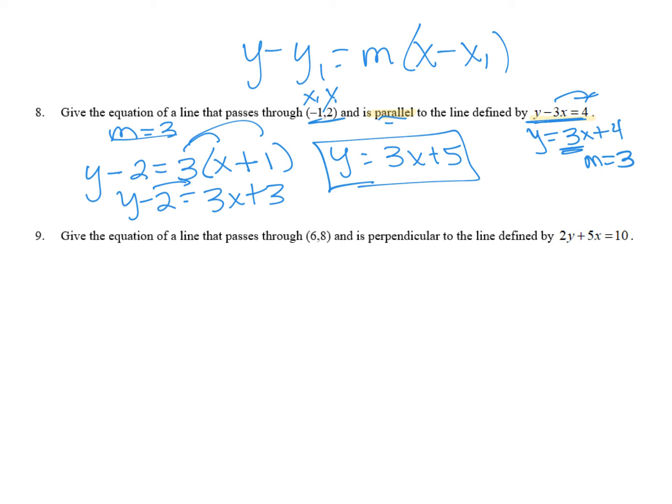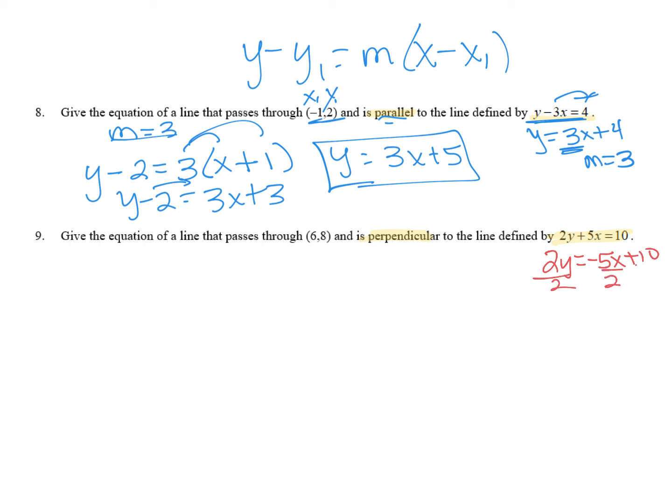Now let's look at the equation of a line that passes through (6, 8) and is perpendicular to this line. That means I need to know the slope of 2y + 5x = 10 so that I can take the negative reciprocal of it to get the slope of the line I'm trying to write. So we need to solve this for y. 2y equals -5x plus 10.